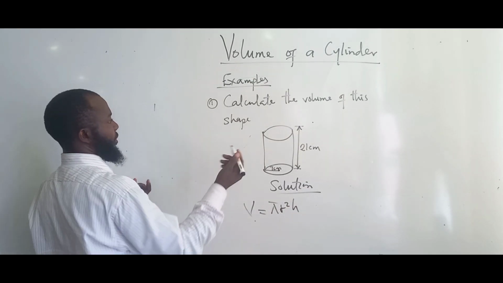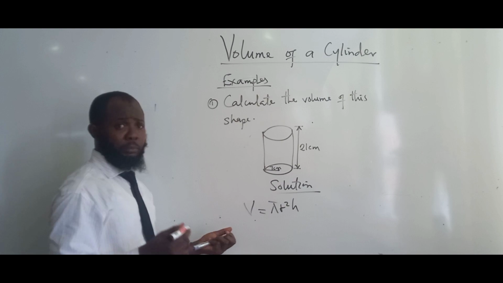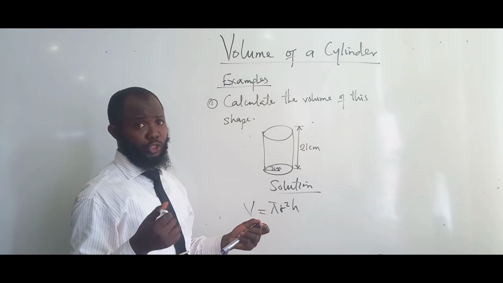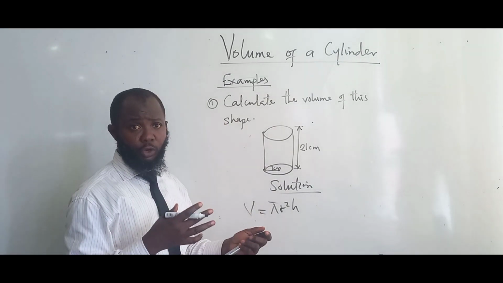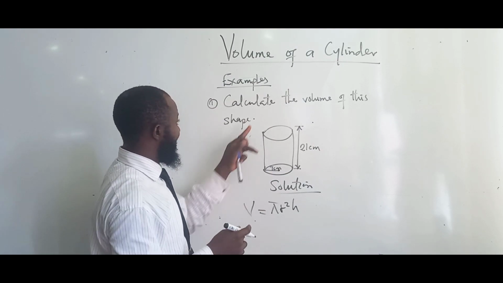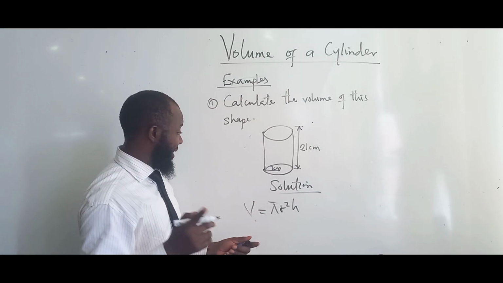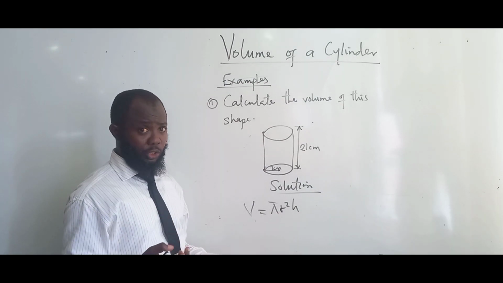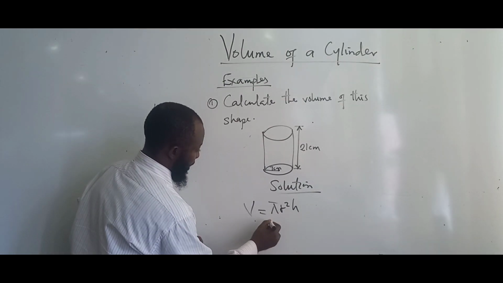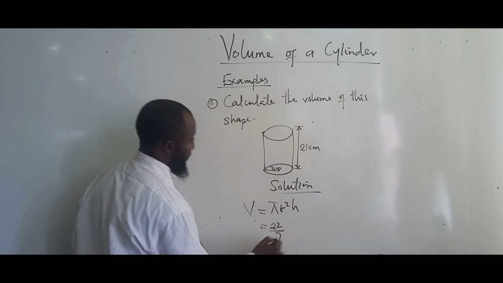Where pi, sometimes the exam will be specific on the values you must use for your pi. Make sure you follow the instructions strictly. But in this case, we're not given any values. In that case, we can use any value of our choice. So I can make use of 22 divided by 7.